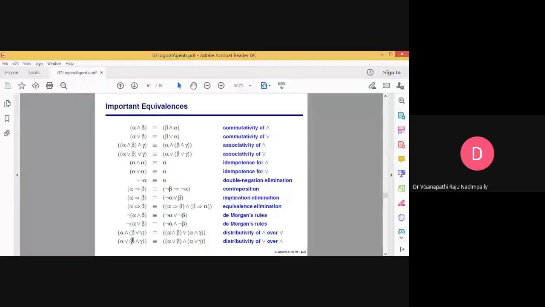Let me copy it and paste it in the slide. Now we'll close that within 2 minutes. Let me copy it here.